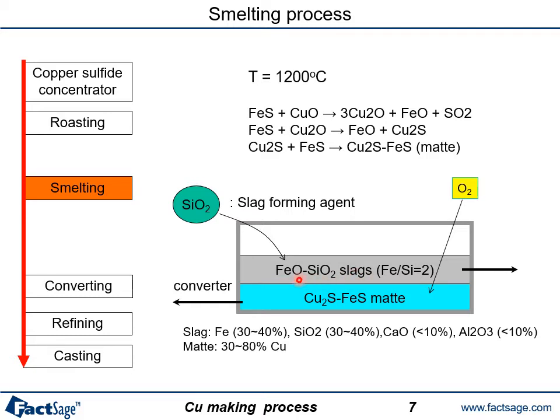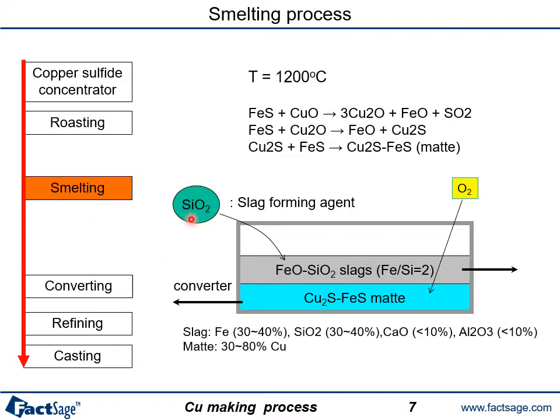By making this kind of iron silicate slag, we can reduce the activity of the iron oxide. So by doing so, we can make the chemical reaction for the conversion from iron sulfide to iron oxide easier, because the activity of the FeO in the slag is lower than 1.